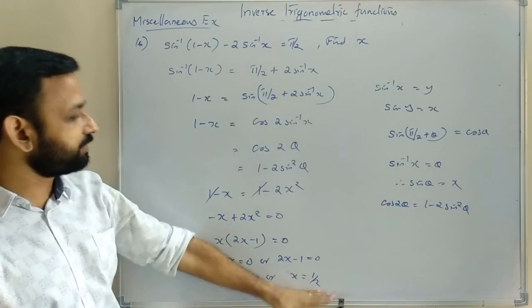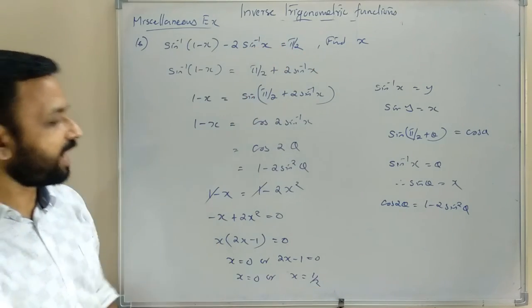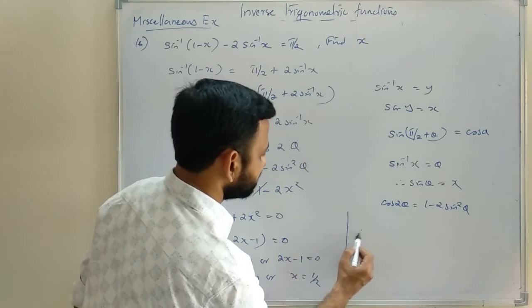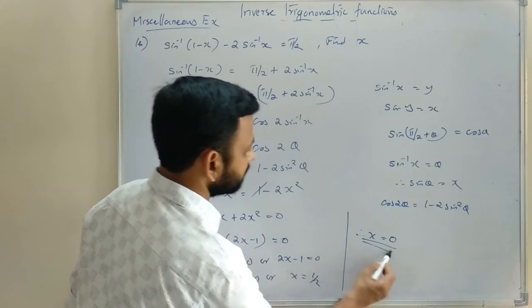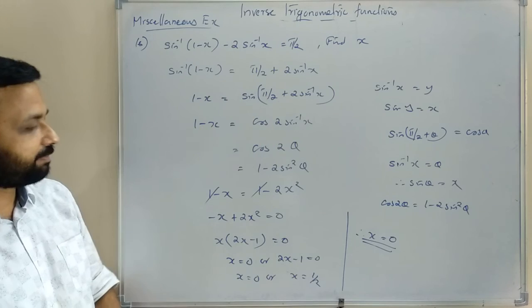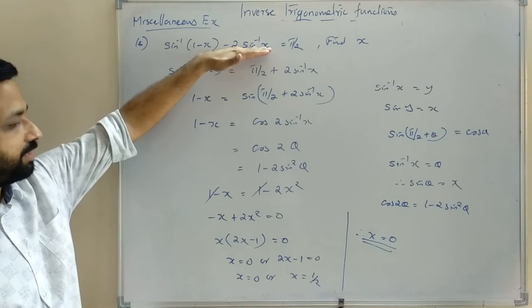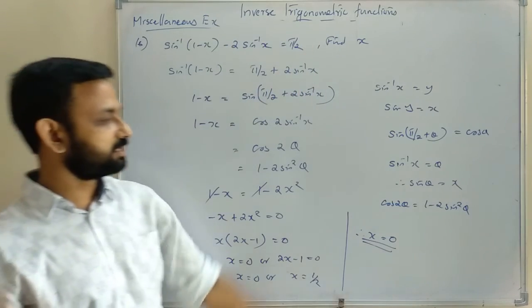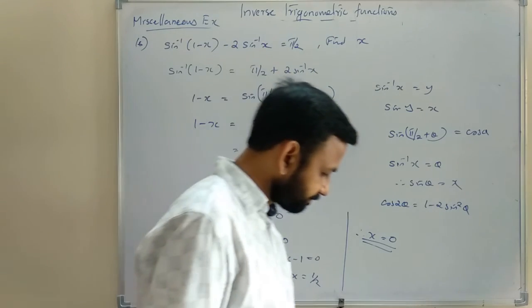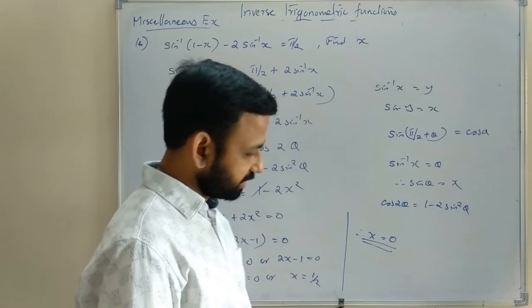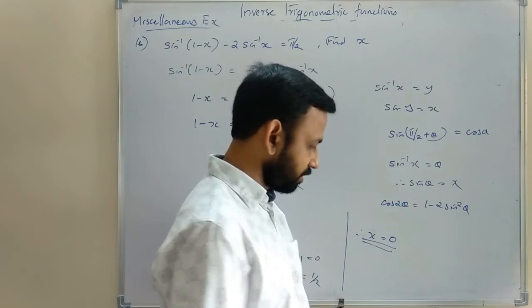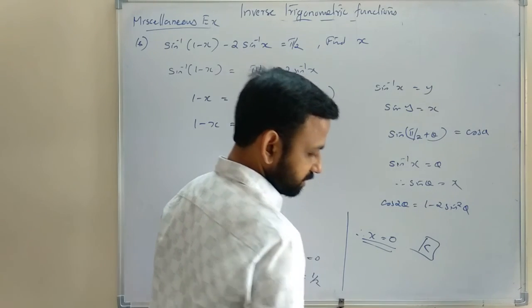So 1 by 2 is not satisfying the equation. Therefore the value of x is 0. So 0 is the correct answer, and the correct option is option C.